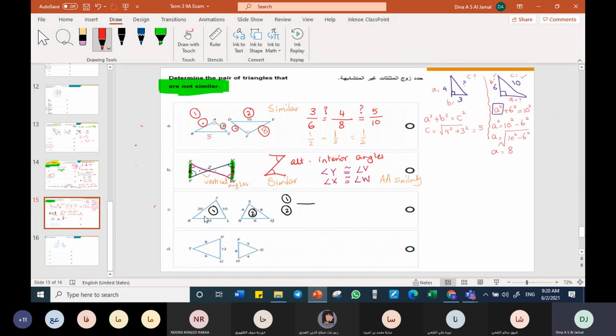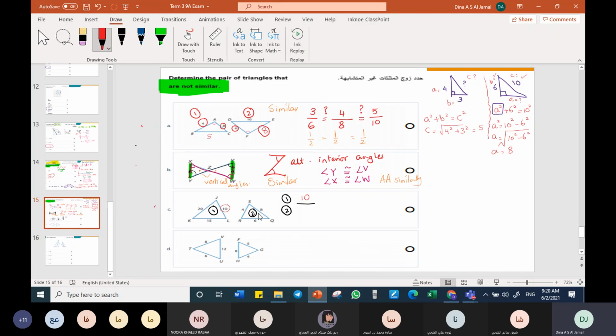So if I started here in triangle 1, what will be the smallest measure in triangle 1? 20 or 15 or 10? Yes, ladies, what will be the smallest measure? 20 or 15 or 10? 10. So I will start with it.